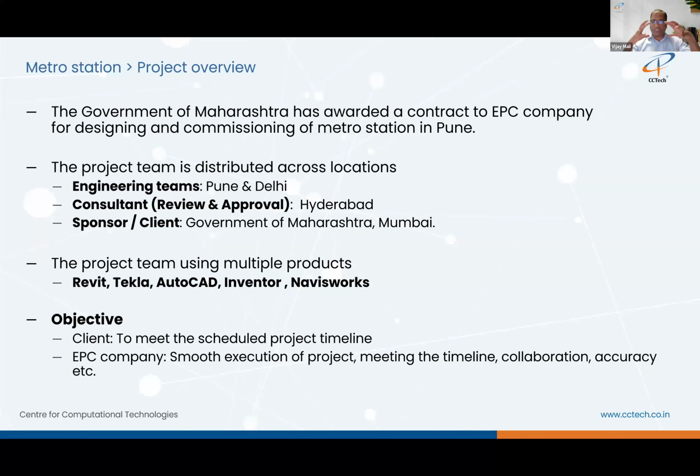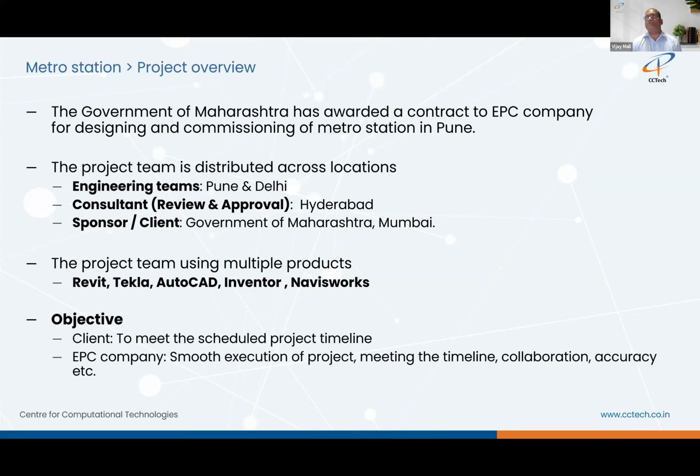Navisworks was typically used to check how all the design streams are coming together. Are there any clashes happening? Is there any conflict between the positions of different streams or data which is coming in? The major objective on the client side is, of course, to meet the scheduled project timelines which have been defined.